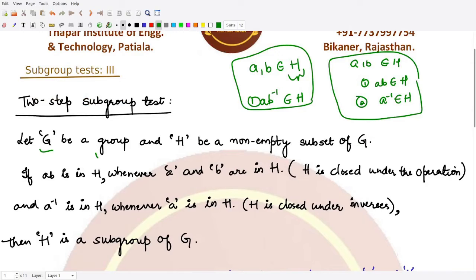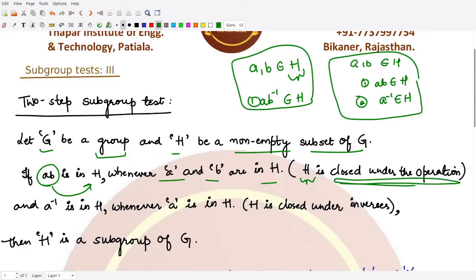So let me read you the statement here. If G is a group and H is any non-empty subset of the given group G, this is already given to be non-empty. If we assume that AB is present in H whenever A and B are present in H, that means the given set H is closed under the group operation, and if A is present in H, then A inverse is also present in H, that means H is closed under inverses.